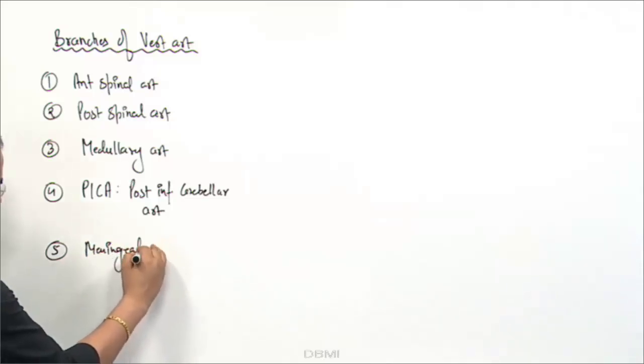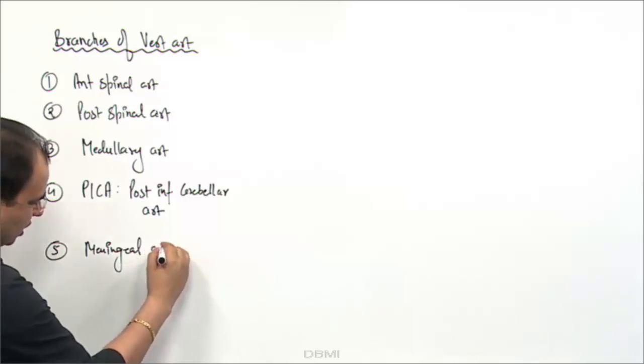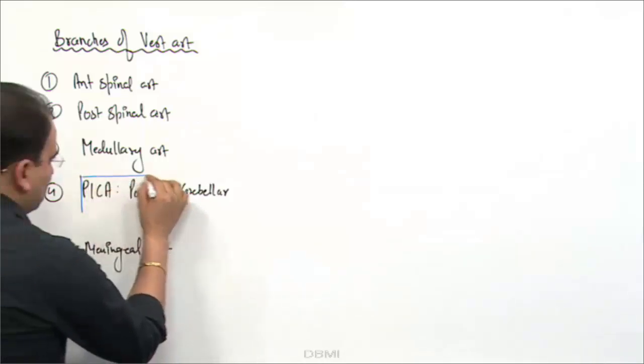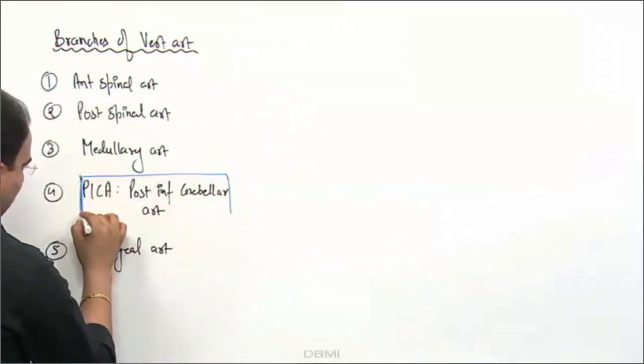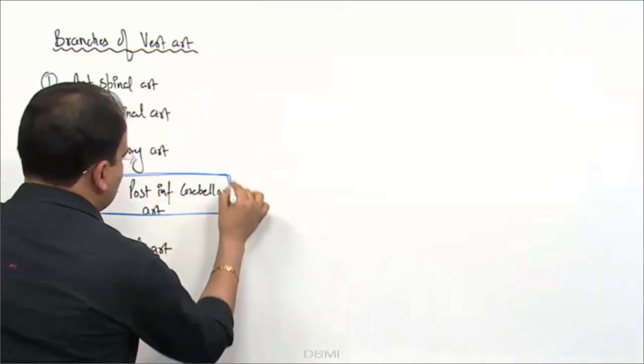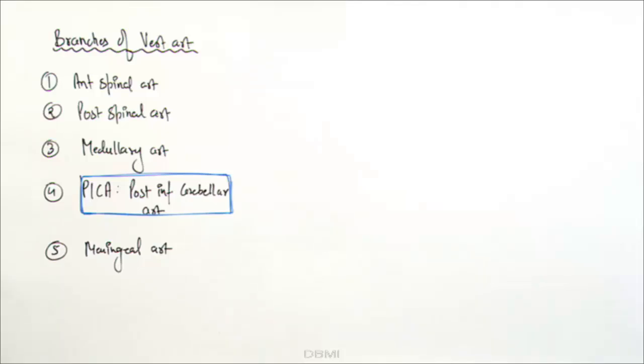It supplies the dura mater of the posterior cranial fossa. The one we need to focus on here is PICA. It's the artery involved in lateral medullary syndrome, and it supplies the lateral part of the medulla oblongata.